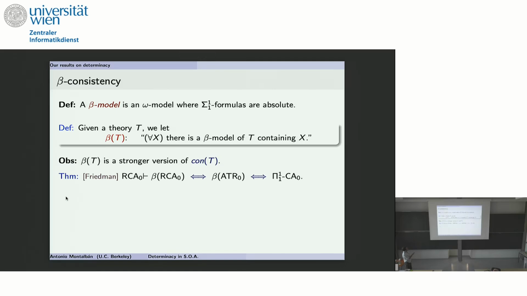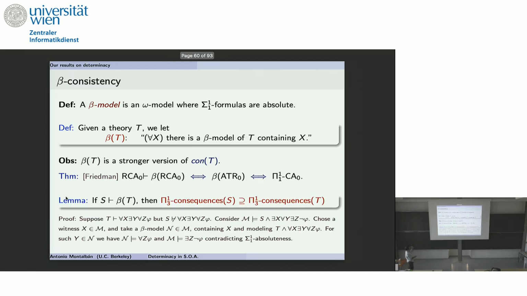Harvey Friedman had shown, for instance, that β(RCA_0) is the same as Π^1_1 comprehension. Saying that there exists a beta model of RCA_0 already implies Π^1_1 comprehension. So they get a bit strong, but after that they don't grow as much.